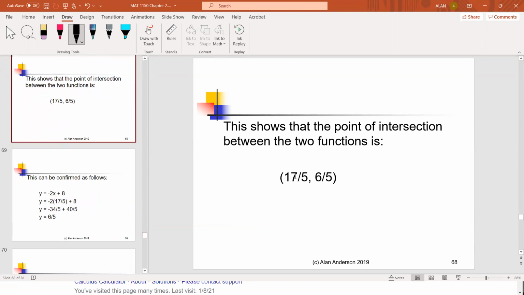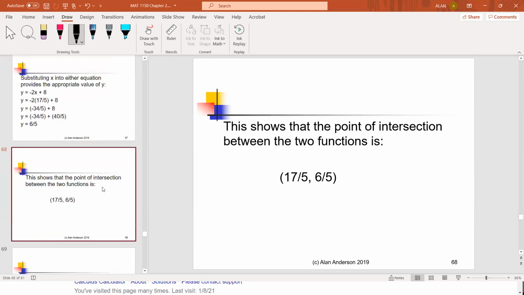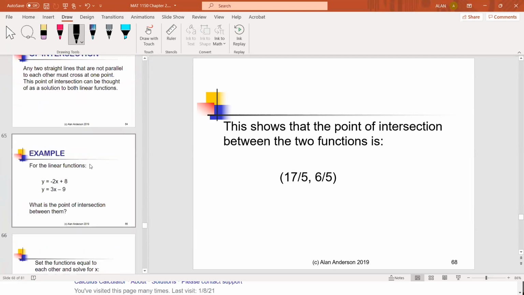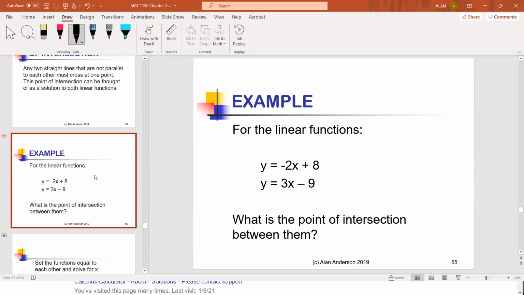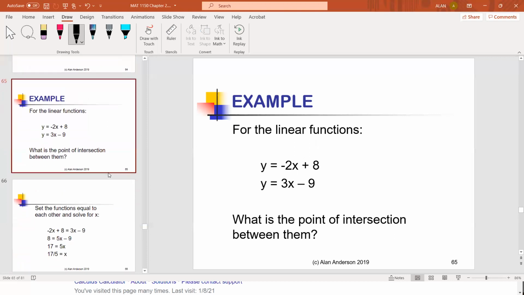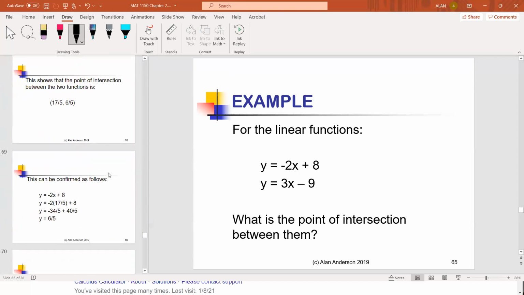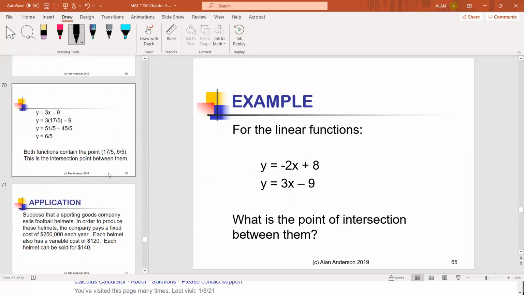And if you're not sure, you can plug these into both equations and you'll see that it works. If you substitute 17/5 into either of these two equations, they'll both give you an answer of 6/5. And that's how you know you did this correctly. So that's pretty simple.